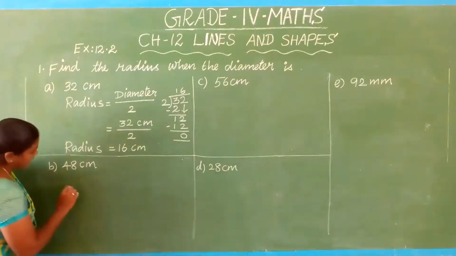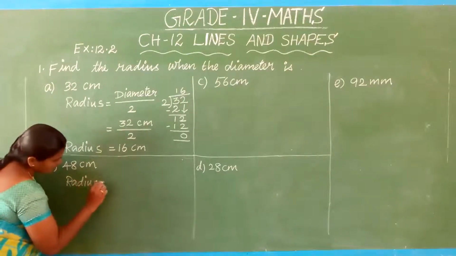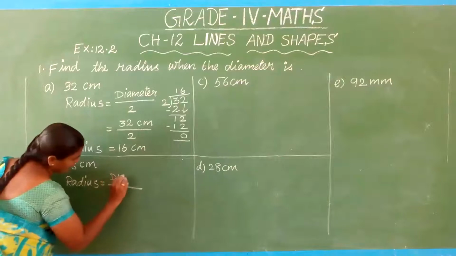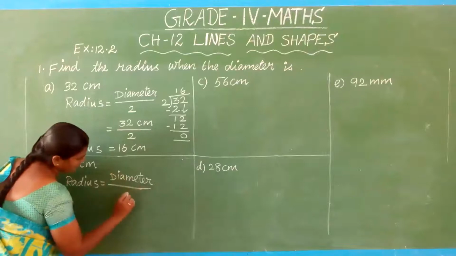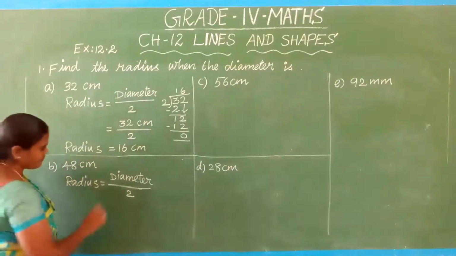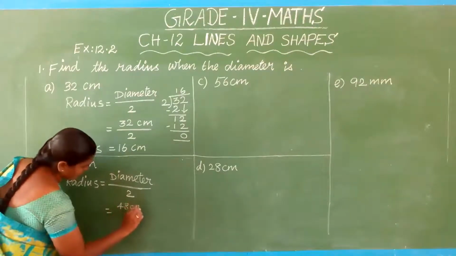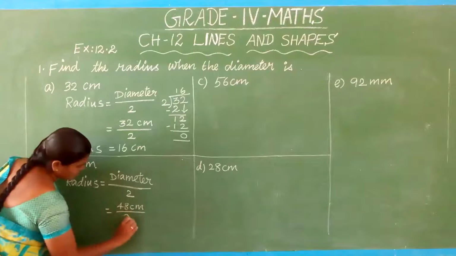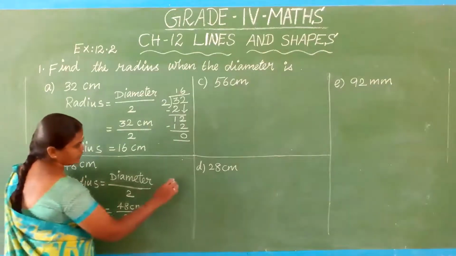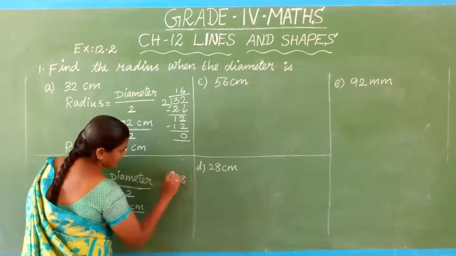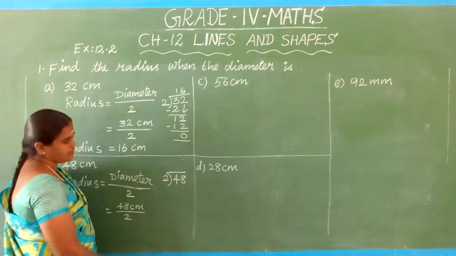Next, radius is equal to diameter by 2. So what is the diameter? 48 centimeter by 2. Now divide. Divisor is 2. Now 2 table. We take 1 digit.